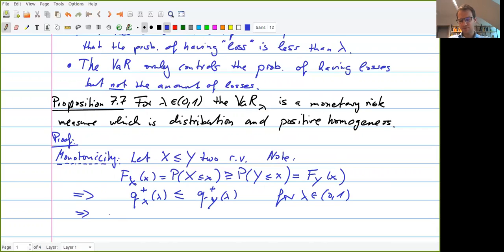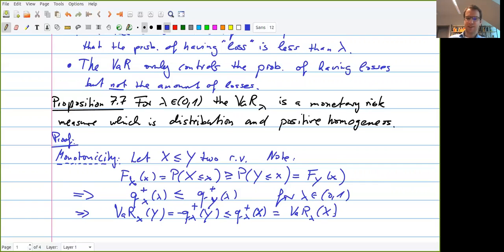And now I multiply both sides by -1 to get the definition of VaR. This was our convention that the value at risk is something negative. So I get here minus the quantile at level lambda of Y. And if I multiply this equation by -1, the sign swaps again. And here we are, that's an x and not a lambda.